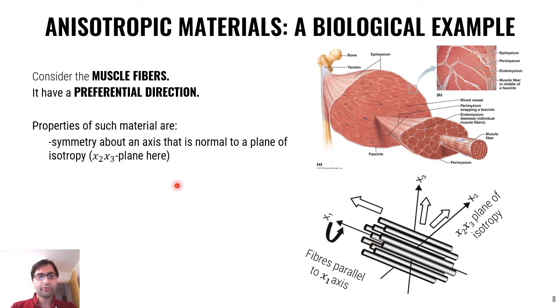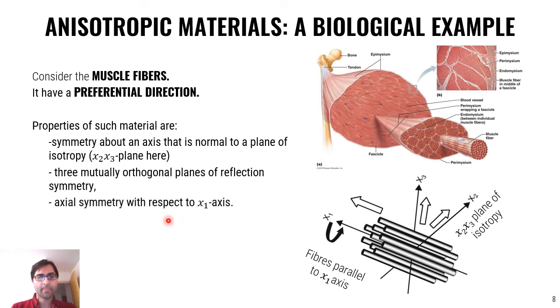So properties of such material are symmetry about an axis that is normal to the plane of isotropy, which is the x2, x3 plane here, and 3 mutually orthogonal planes of reflection symmetry. So basically we can find 3 planes that the arrangement of the fibers is symmetric with respect to, and we have axial symmetry with respect to x1, the fiber axis.